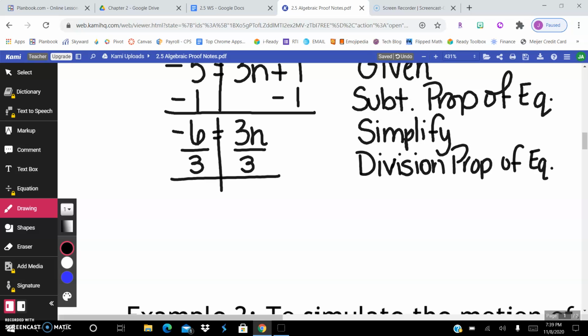And then when we actually do that, the 3's cancel here. We have just n. And negative 6 divided by 3 would be a negative 2. That is simplifying as well.